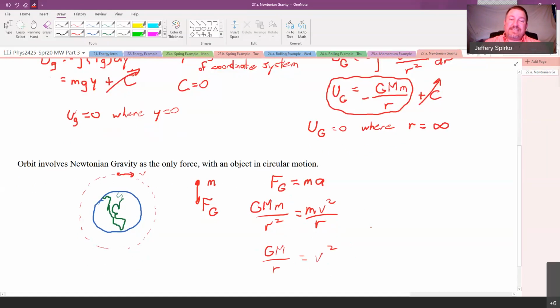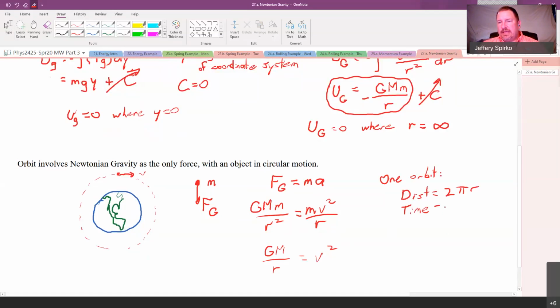So there's one more thing we tend to put in here, and that is that for one orbit, the distance is equal to 2 pi r.